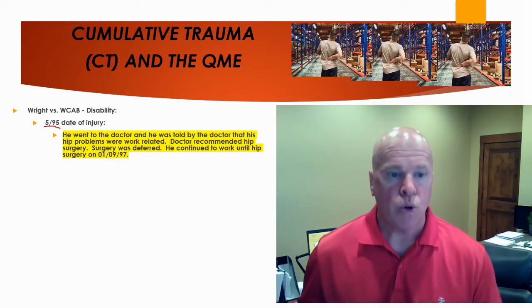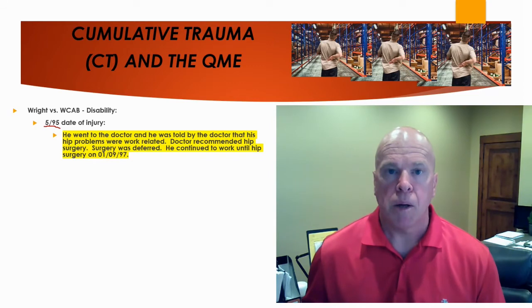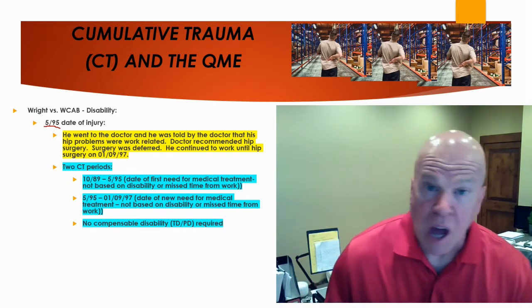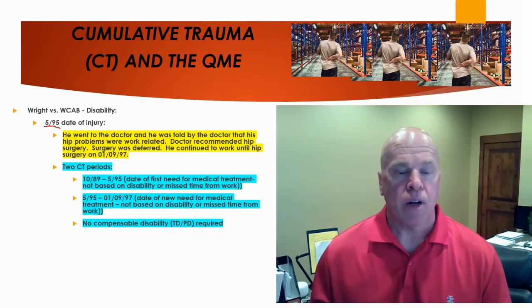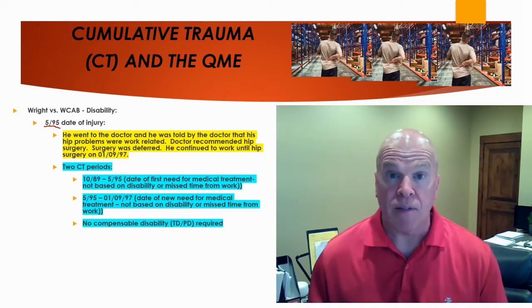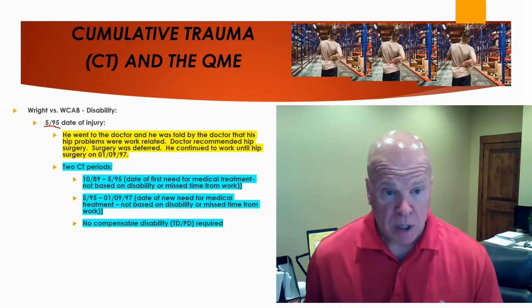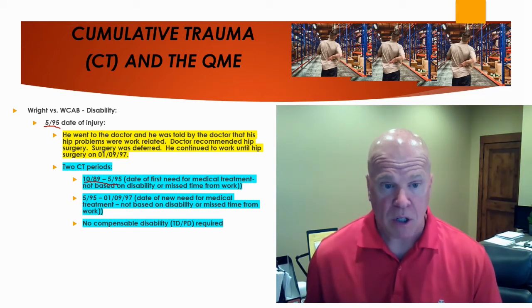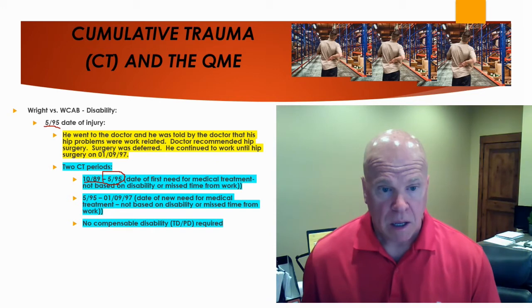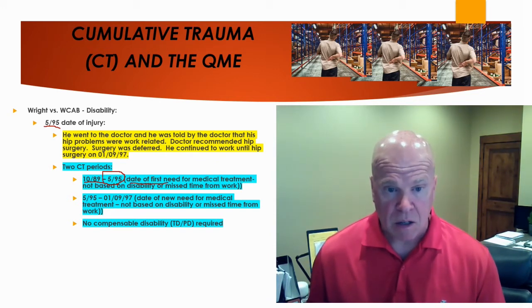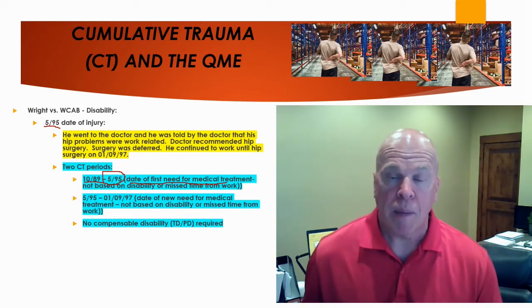found 2 cumulative trauma periods. What he found was that in the time period leading up to this first medical treatment visit in May of 1995, there was one period of cumulative trauma which established the date of injury of May 95, because May 95 was the date of the first need for medical treatment.